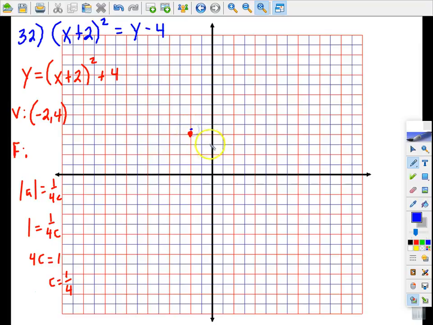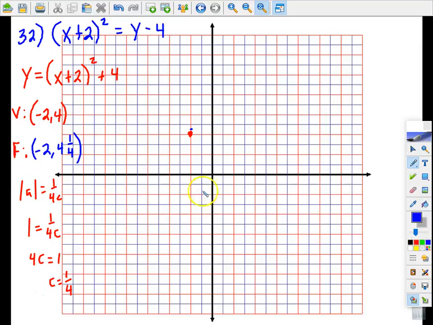So I'll just kind of illustrate it there. Let's just pretend that that's traveling up 1/4 of a space. Well, what is the ordered pair of that blue dot? Well, we know the red dot is -2, 4. Well, if I go up just a little bit higher than that, I'm at -2, 4 and 1/4.